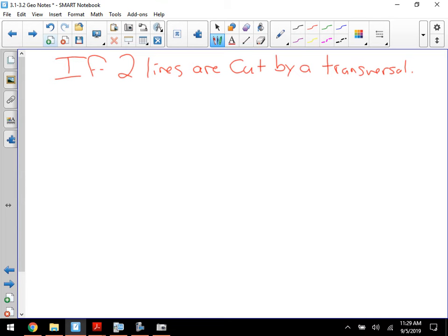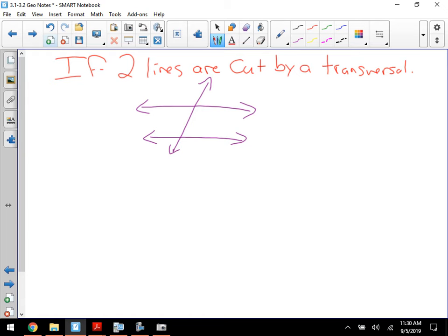So here, instead of writing all of this out, we make the following symbol. That symbol represents if 2 parallel lines are cut by a transversal. Okay? That symbol represents that statement.